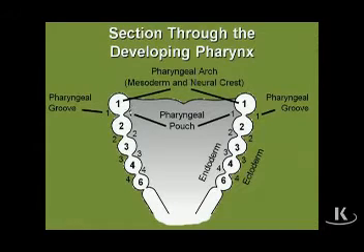So what happens in fish is that the pouch gets real deep at each level, the groove gets real deep at each level, and finally that endoderm of the pouch and that ectoderm of the groove fuse to form a double-layered membrane at each level, and then the membrane ruptures to create a slit at each level. And those slits are called gill slits, and these arches between the gill slits are called gills.